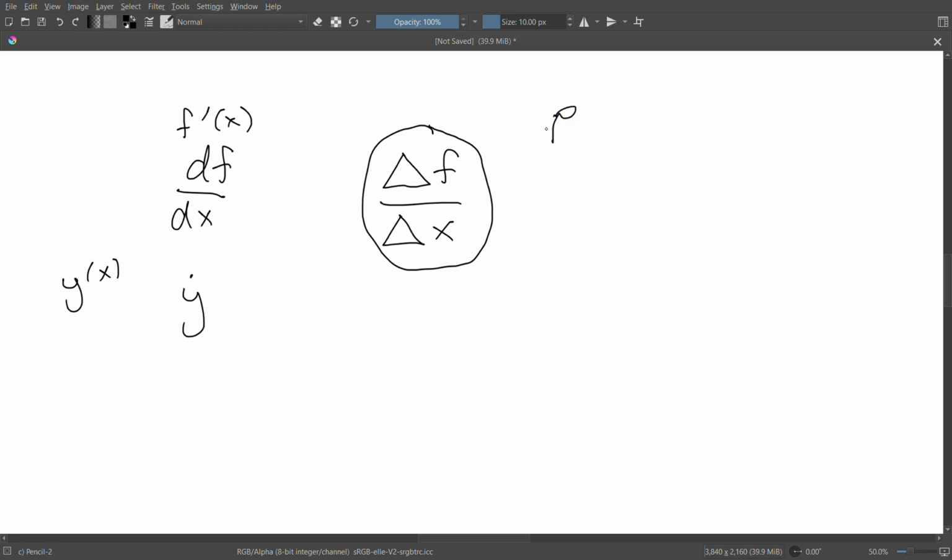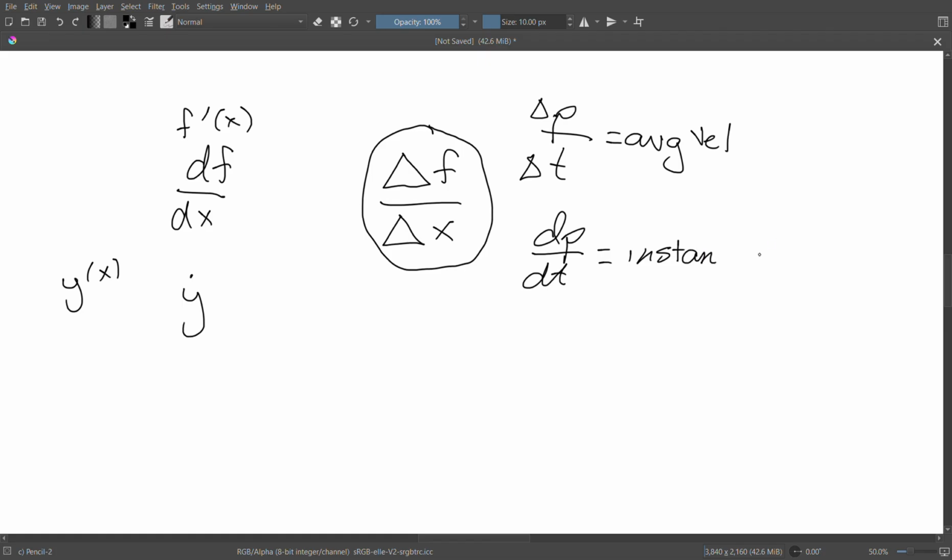So if I were to track position divided by time, right? Average position over average time, this would give me an average velocity. But if I wanted to take an infinitesimal change in position over an instantaneous change in time, that would give me an instantaneous velocity.